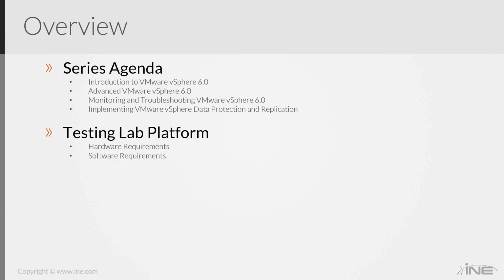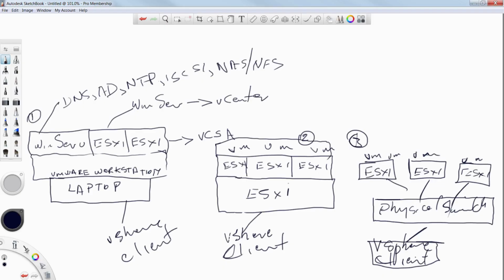So let's make this a little bit clearer. Let me just draw this out, what our infrastructure could be like to follow along. Okay, so I just drew this. We have my laptop here, and I'll be running VMware Workstation on top of this. Then above that, we'll have Windows Server.